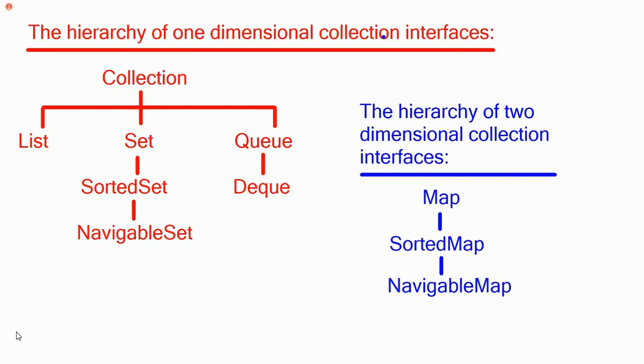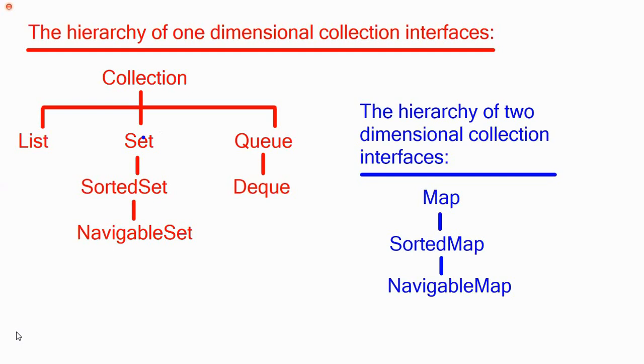The hierarchy of two-dimensional collection interfaces. One, two, three, four, five, six, seven. Here 1, 2, 3. Total 10. Is it completed? Now, using NavigableSet reference, can I call Set methods?